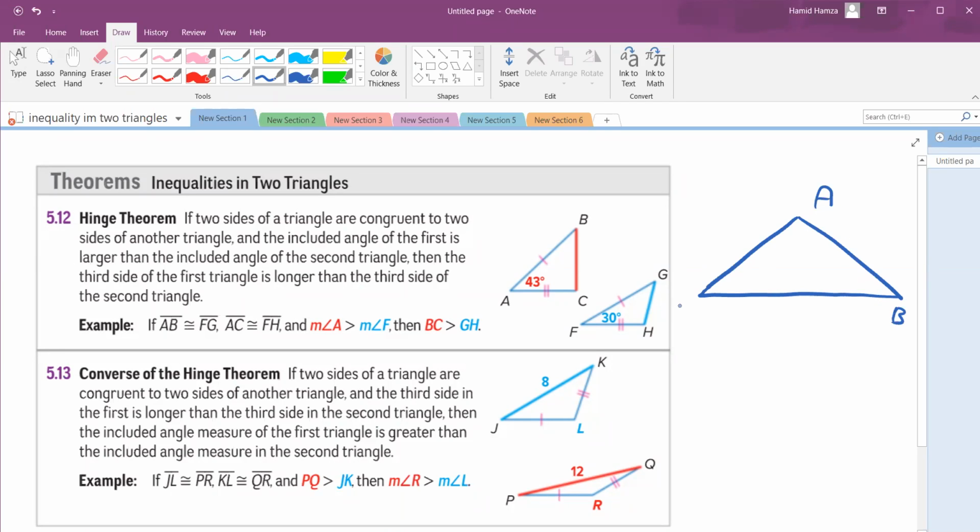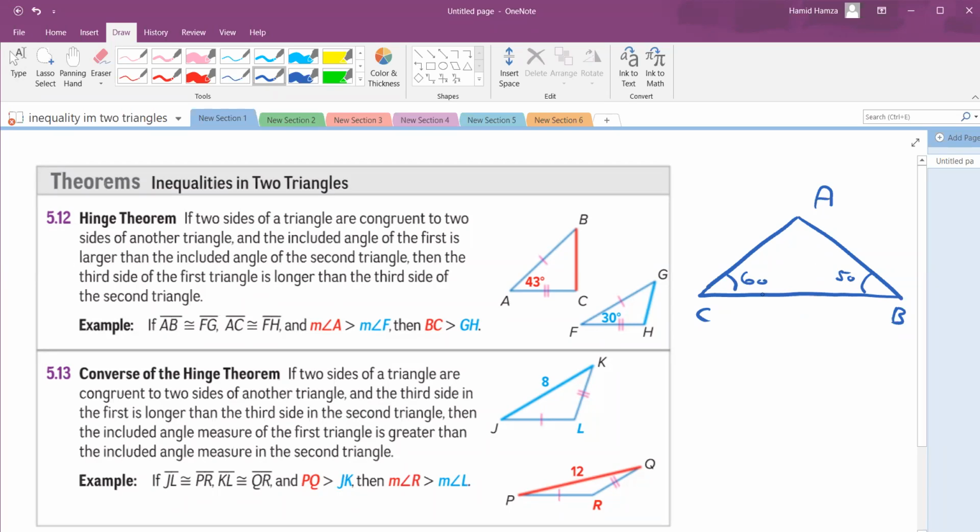Okay, guys. So in one triangle, we can compare between sides and lengths according to the opposite angles. For example, if angle C is greater than angle B, let's say this is 60, this is 50.